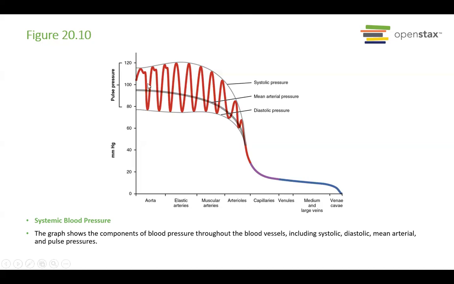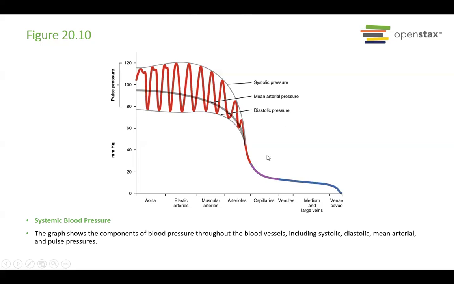So the graph here shows the components of the blood pressure. Look at who has the most blood pressure. It is your aorta because it's right off the heart. Then you have your elastic arteries and the muscular arteries. Once you get to the capillary, this purple indicates that we are exchanging, we are perfusing the tissue.